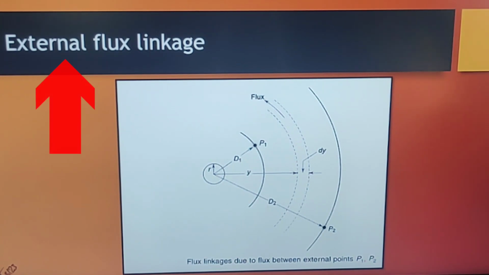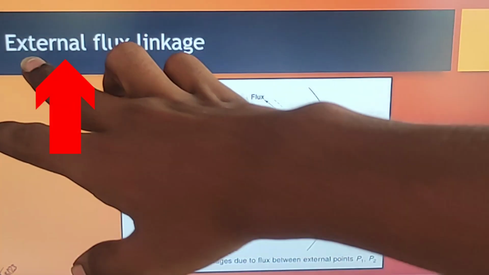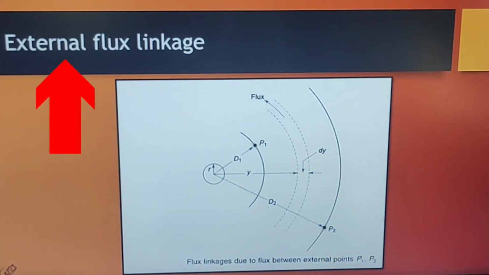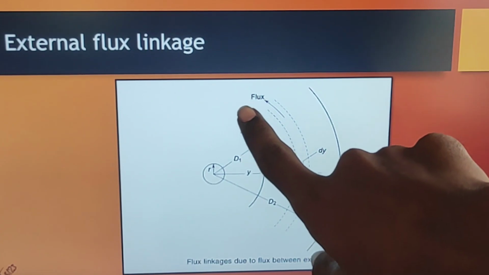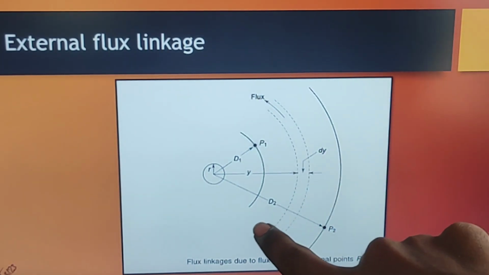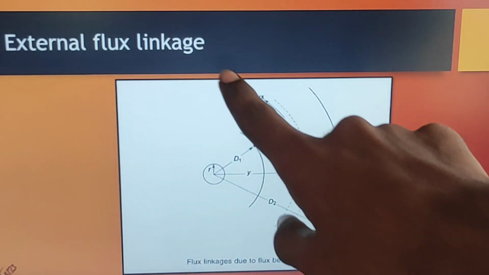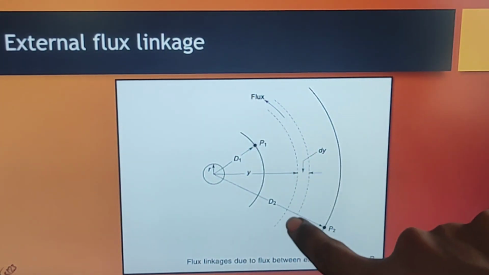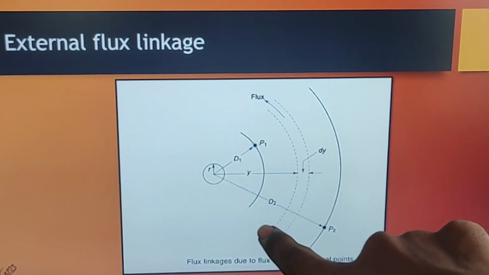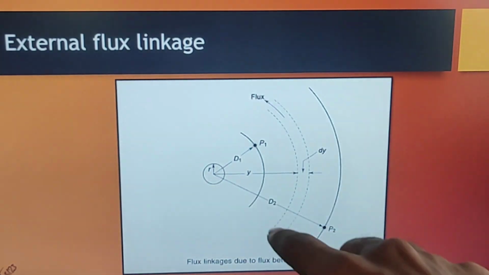Now our responsibility is to derive this expression. Firstly, we need to determine the magnetizing force present over here, that is Hx, which was previously derived in the internal flux linkage. Very easy. We need to determine the Hx. Through that Hx we will calculate the flux density.